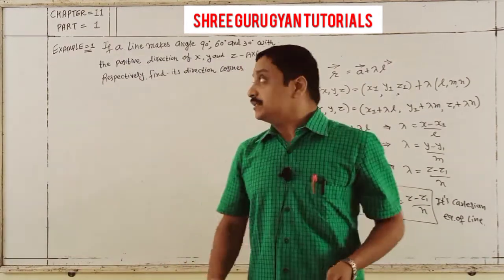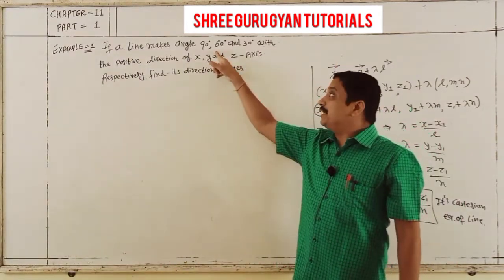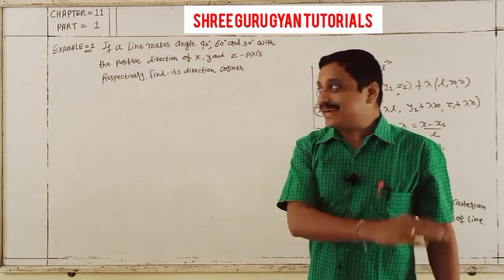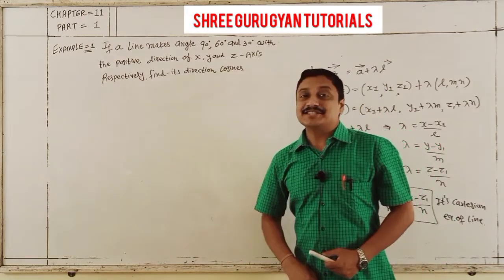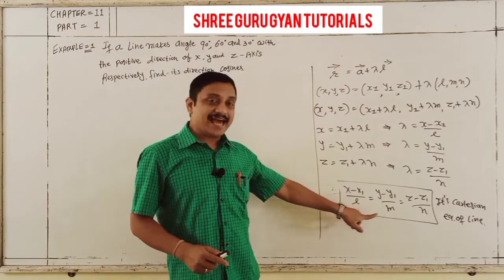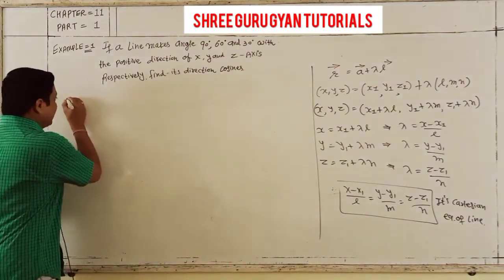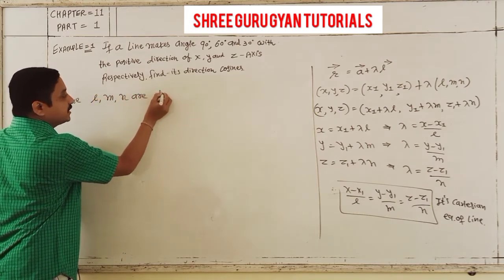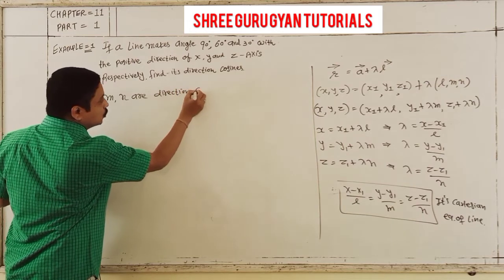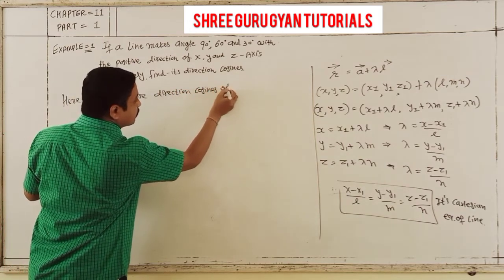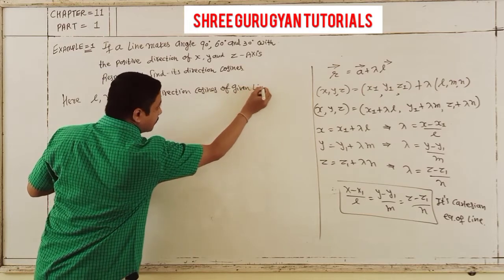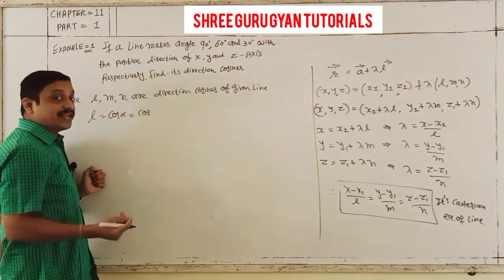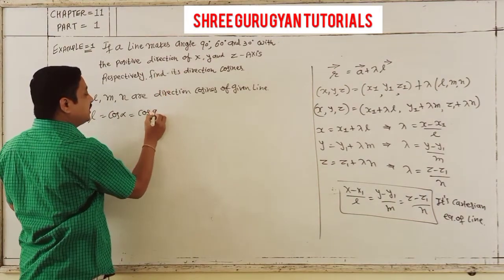Now students, in example 1: if a line makes angles 90 degrees, 60 degrees and 30 degrees with the positive direction of the x-axis, y-axis and z-axis respectively, find its direction cosines. Students, these are your direction cosines l, m, n. So here we take l, m, n as the direction cosines of the given line. Taking the angle, l = cos alpha, with alpha meaning the positive direction with the x-axis, which is given as 90 degrees.